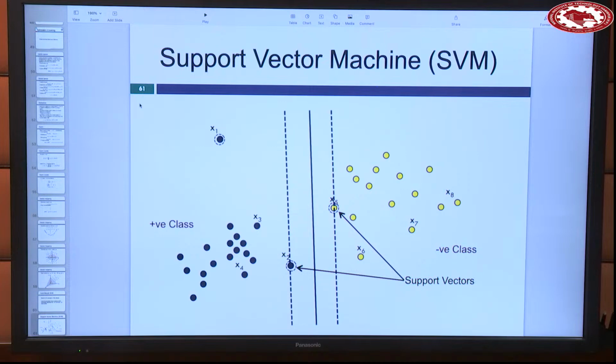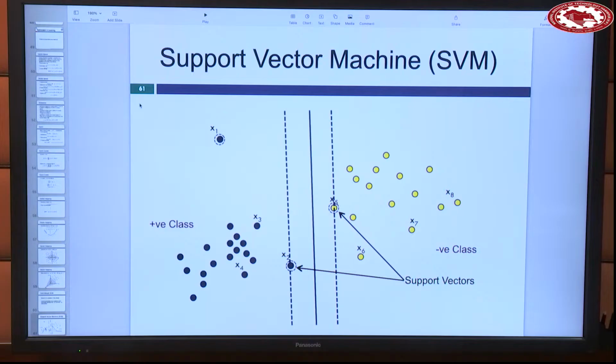Because the line passes through these data points, and if you know the parameters, the slope, suppose here in 2D, if you know the slope of any of these three planes or lines that we have here, you can draw the line.